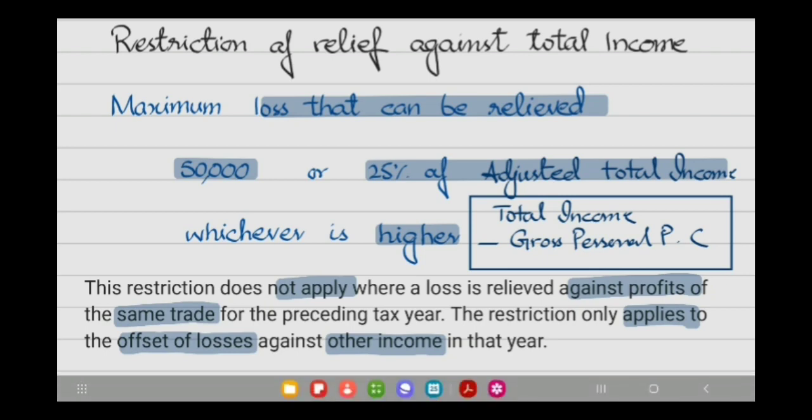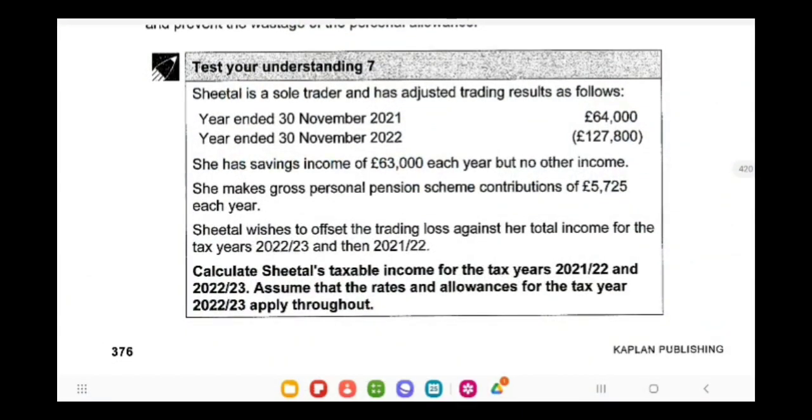So let's see how it should be applied to a scenario. Here is the question. Sheetal is a sole trader and has an adjusted trading result for the year ended 30th November 21 of 64,000 profit, and for the year ended 30th November 22 of 1,27,800 loss. She has savings income of 63,000 each year but no other income.